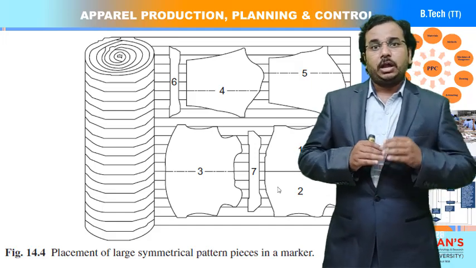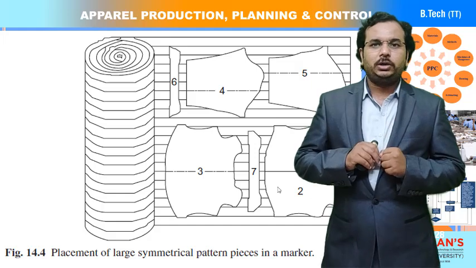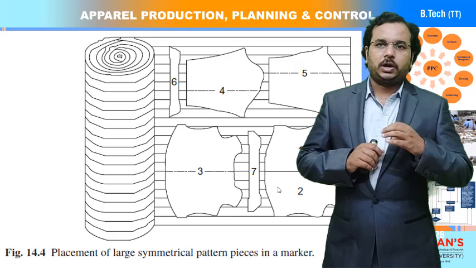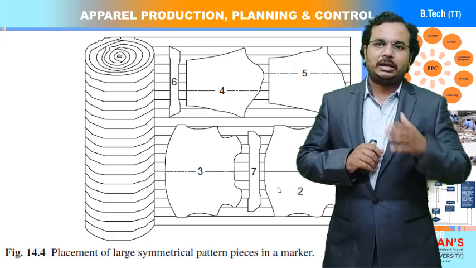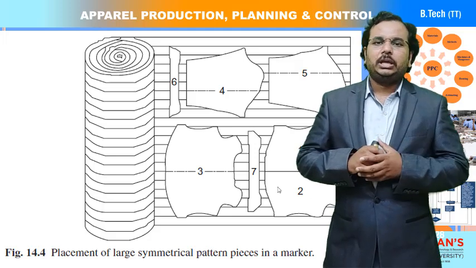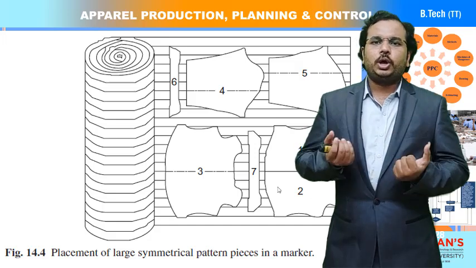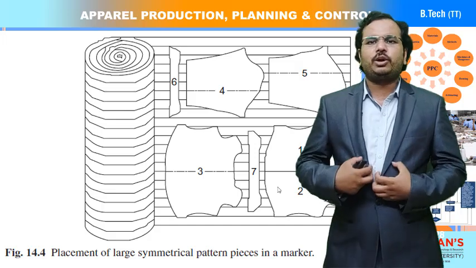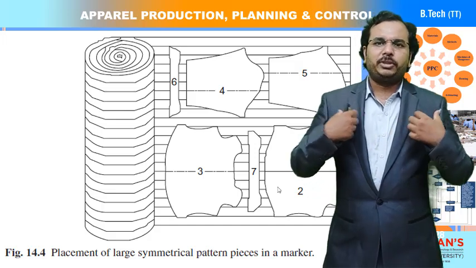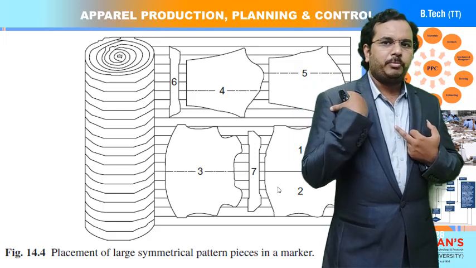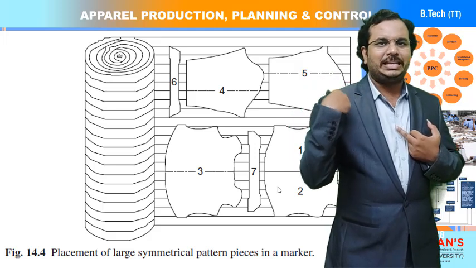Otherwise, if it is not followed, then after the panels are cut from the fabric and attached, the patterns will not match from the front bodies to the back bodies, and from the front and back bodies to the sleeve.